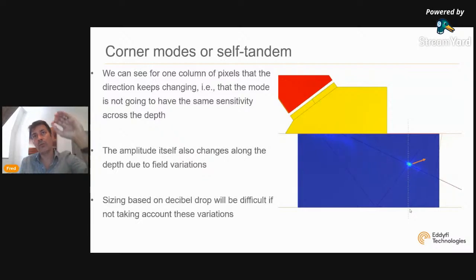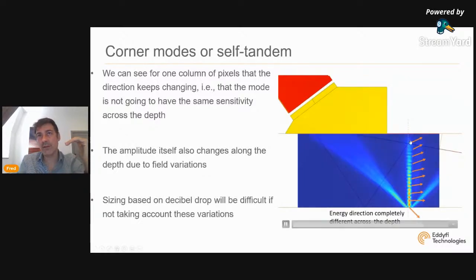So the higher the focal point, the higher the direction of the energy as well. So the less sensitive we are to vertical defect. Also, we see that we have less energy, less field energy on the top compared to the bottom. So if we were looking at a vertical defect, we will tend to be more sensitive right here, where the direction of the energy is horizontal, as opposed to here.